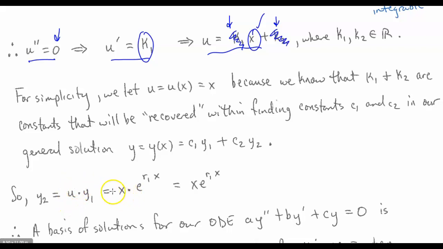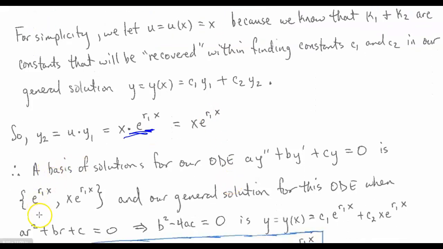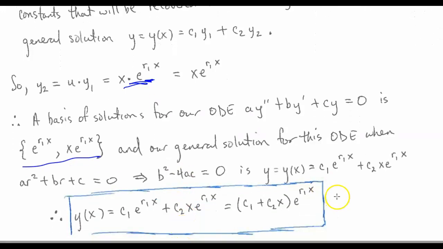That means that y sub 2, which is our second solution that will complete the basis, or the fundamental set of solutions, for our second order linear homogeneous equation, will just be x times e raised to the r1 x. So we now have two functions that are both solutions to our second order linear homogeneous equation, and thus we could write out our general solution for equations of that ilk as the linear combination of those two functions.